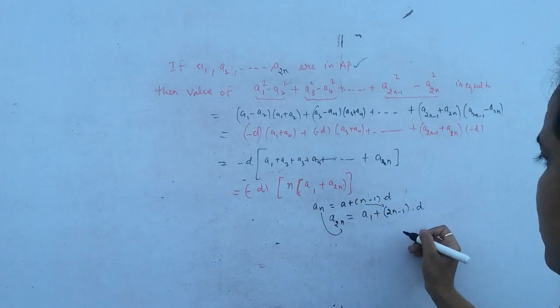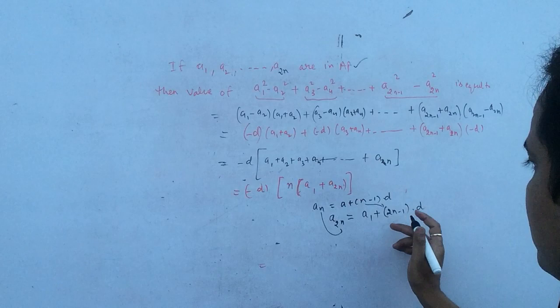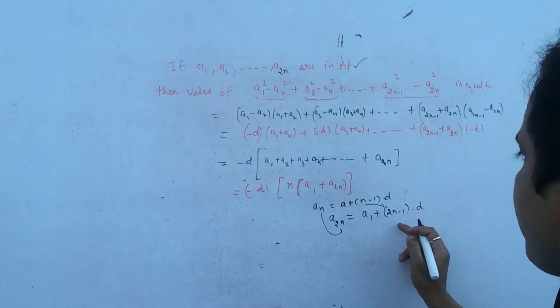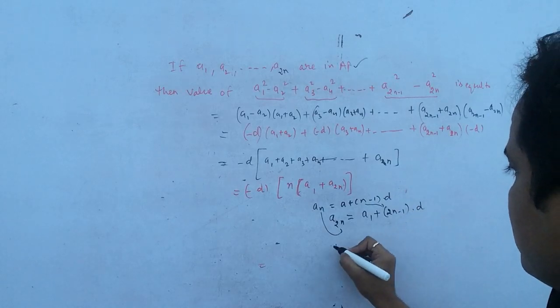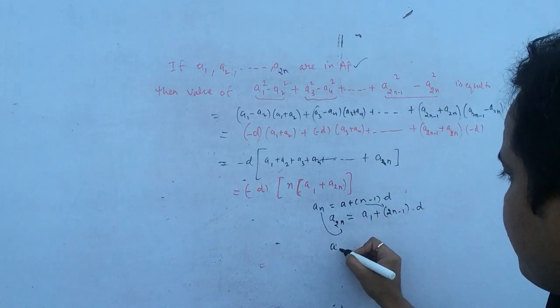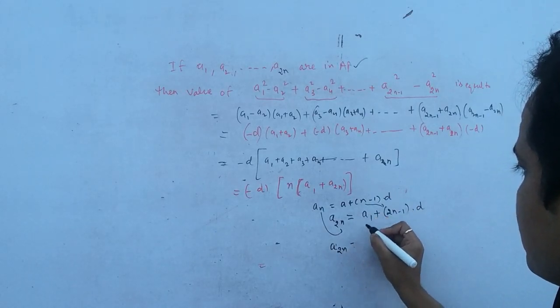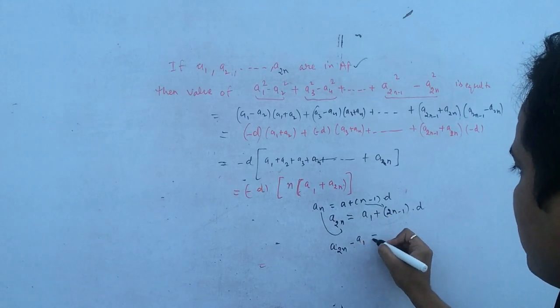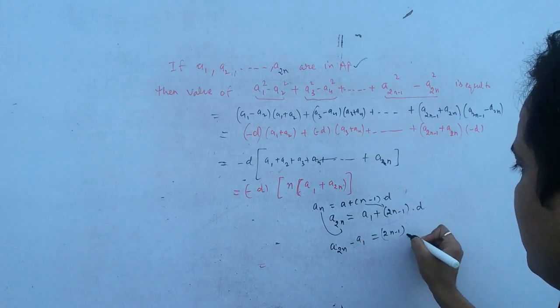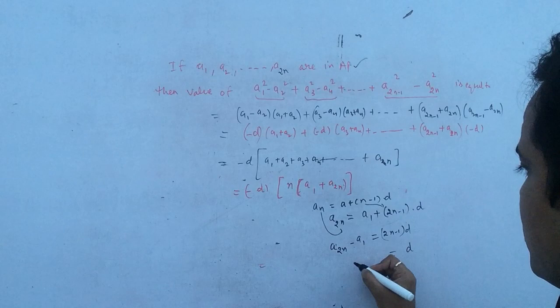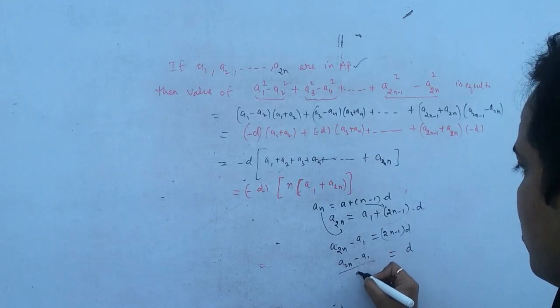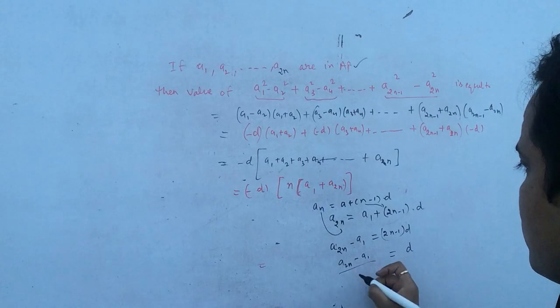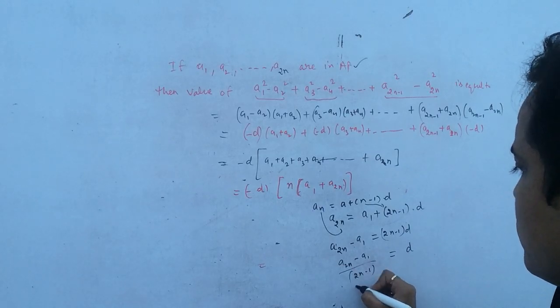So can you find here d? Yes, we can. a1 plus 2n minus 1 into d, so how would you find it? Okay, a2n minus a1 equal to 2n minus 1 into d, so d would be a2n minus a1 upon 2n minus 1, alright.